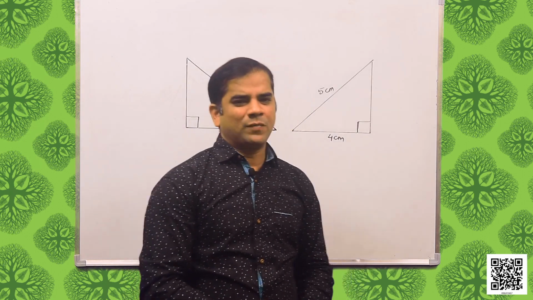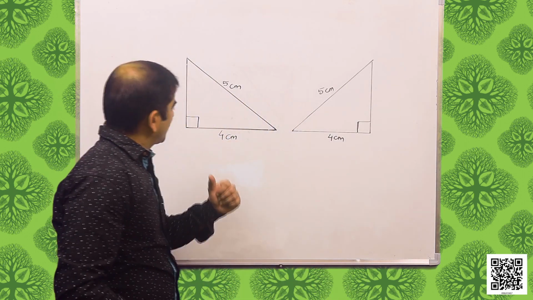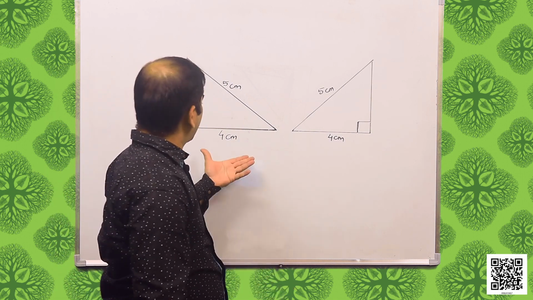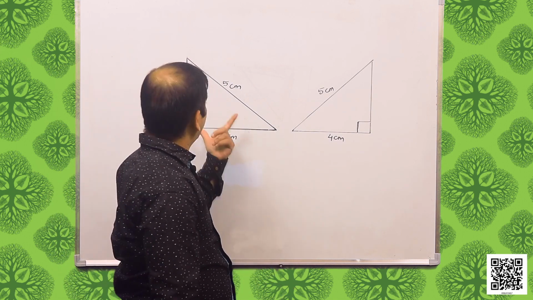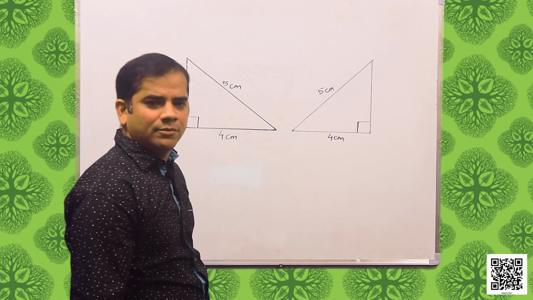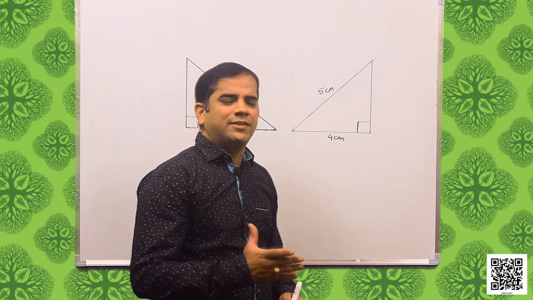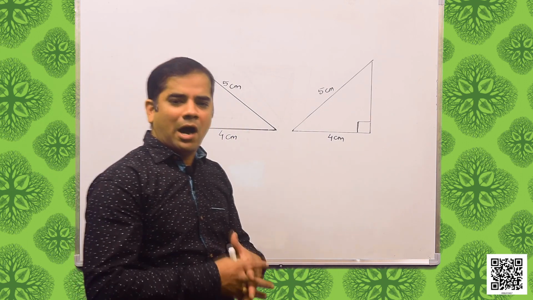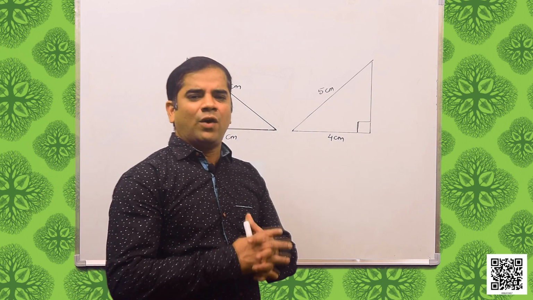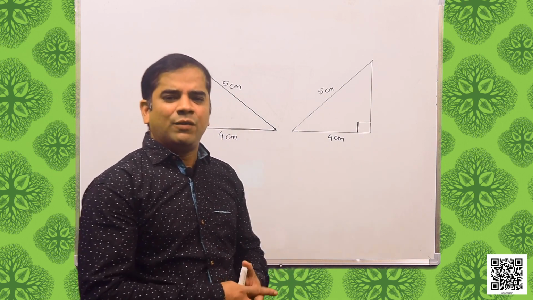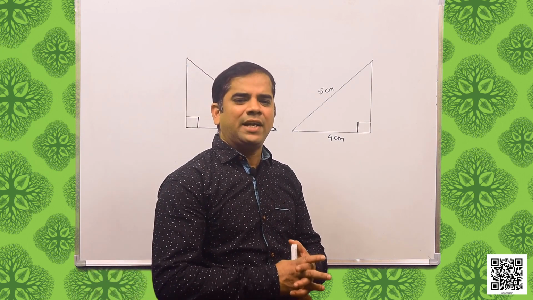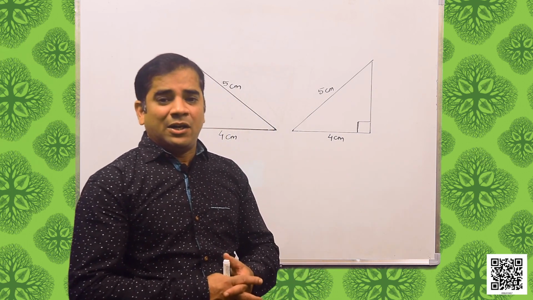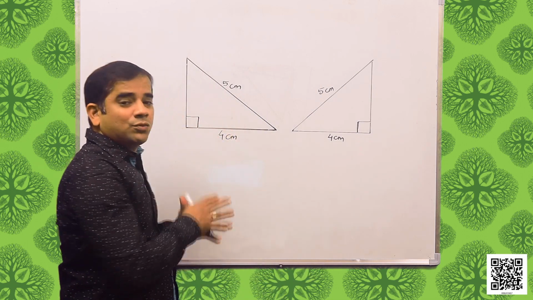Students, you can see two right angle triangles, opposite in direction to each other. Both have base 4 centimeter and hypotenuse 5 centimeter. If you draw these right angle triangles on paper, cut them out and place one triangle over the other with equal sides placed on each other, then you can see that both the triangles will coincide.